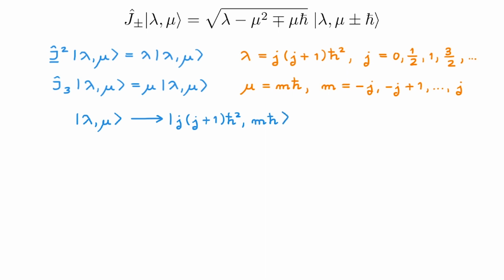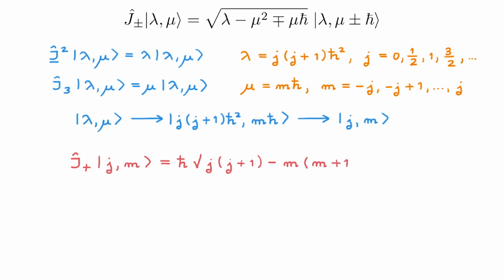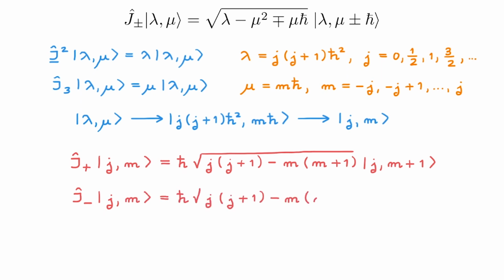However, to simplify notation, this is typically simply written as |j, m⟩. In terms of these, the action of the raising operator on an eigenstate |j, m⟩ is simply equal to this normalization times a new eigenstate |j, m+1⟩. Writing down the corresponding expression for the lowering operator, we get this.